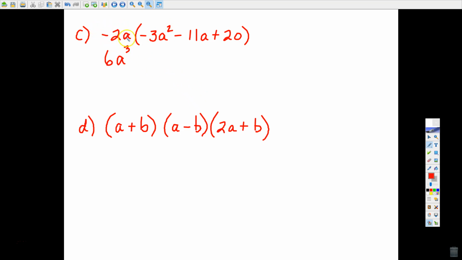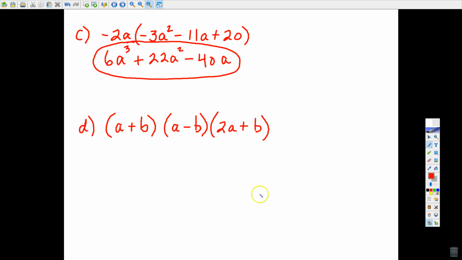Now I'm going to multiply -2a times -11a. That gives me positive 22a squared. And now I'm going to multiply -2a times -20, and that gives me negative 40a. And that is my final answer.